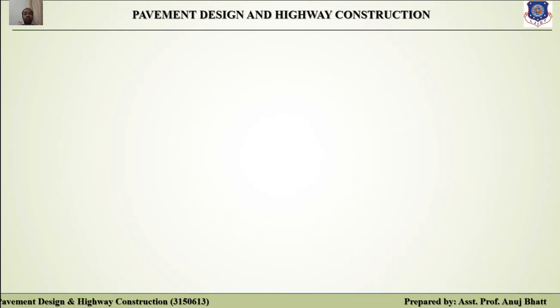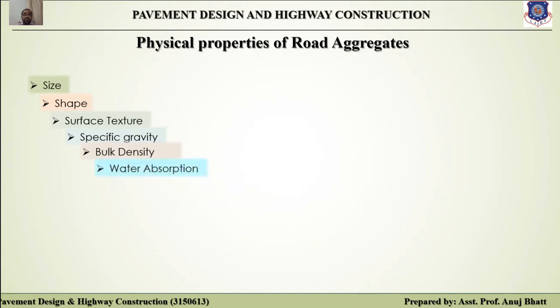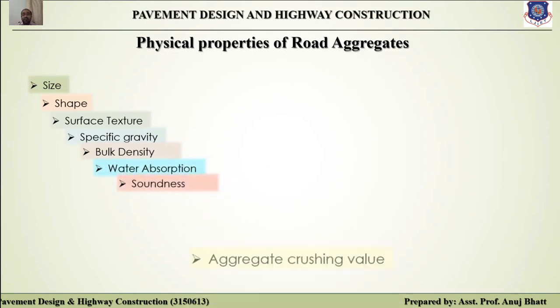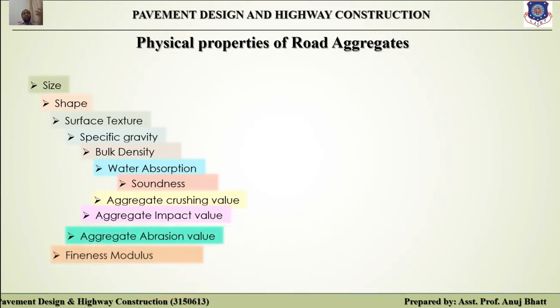Now, the first question that comes to mind is what properties we seek in aggregates. These are the physical properties of road aggregate: size, shape, surface texture, specific gravity, bulk density, water absorption, soundness, aggregate crushing value, impact value, abrasion value, fineness modulus, and lastly the flakiness and elongation index.